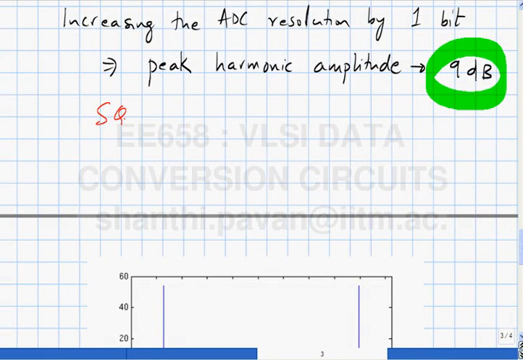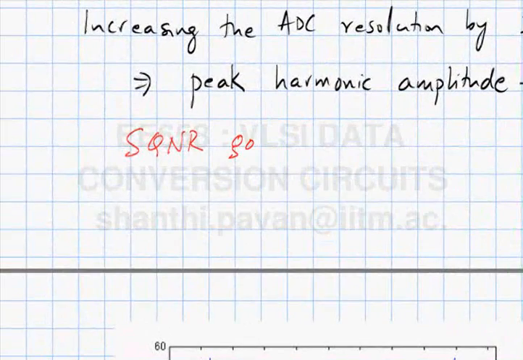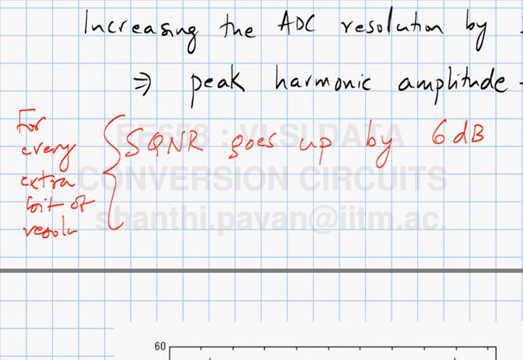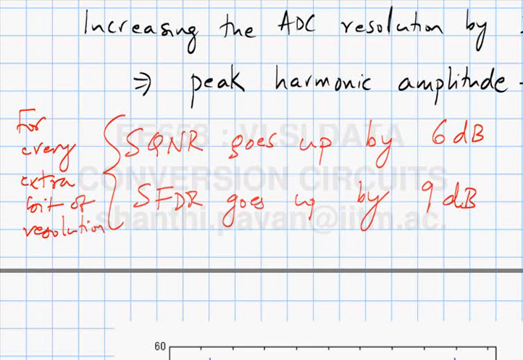So signal to quantization noise ratio goes up by 6 dB, and the spurious free dynamic range goes up by 9 dB.